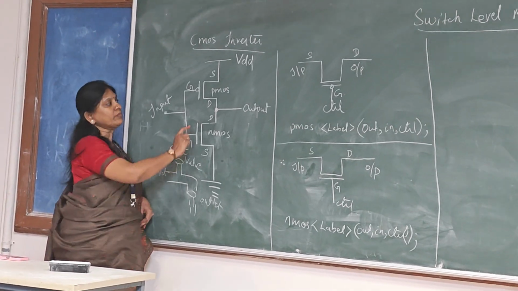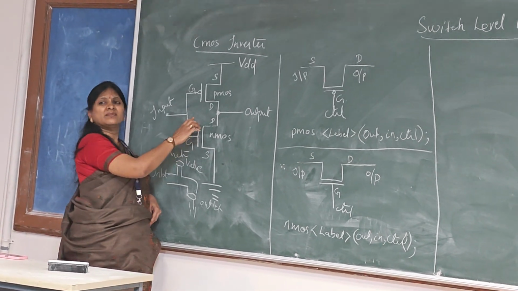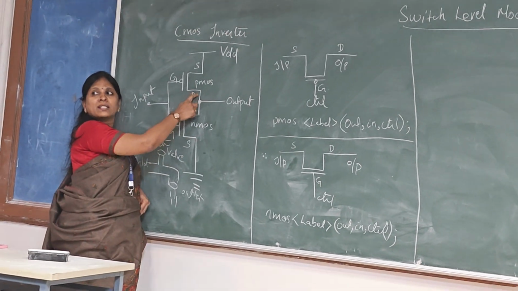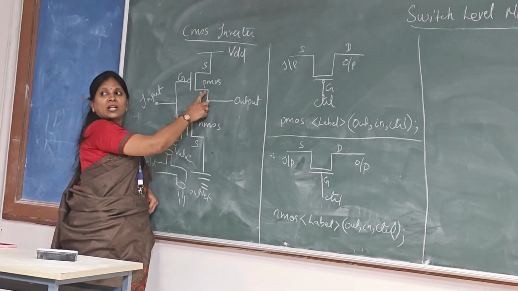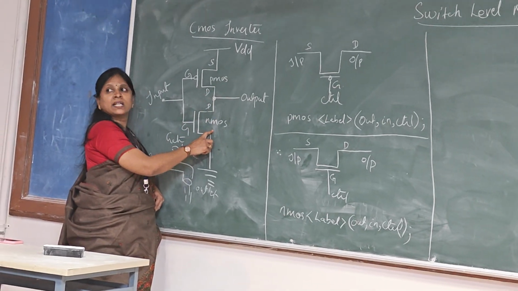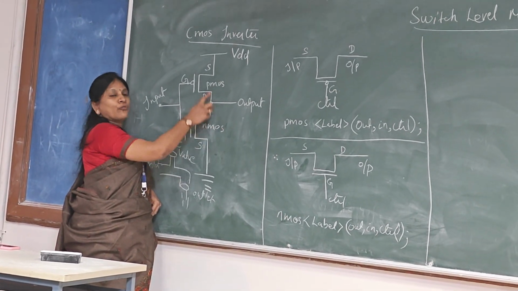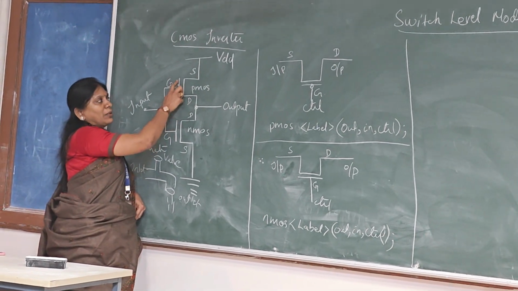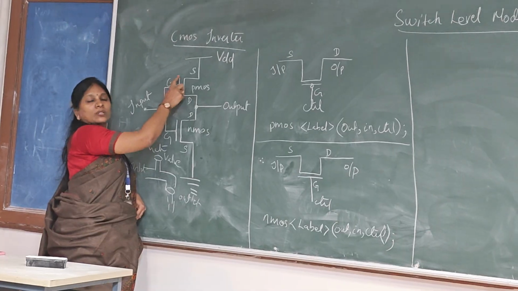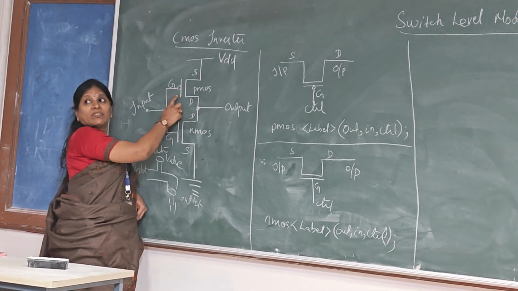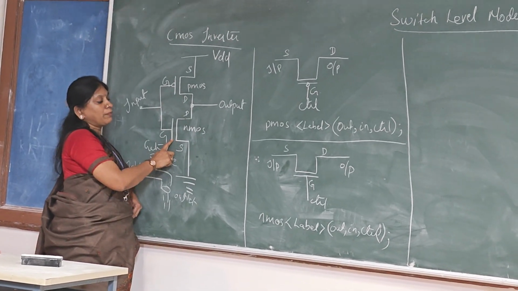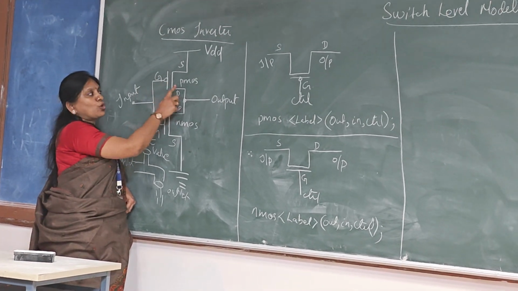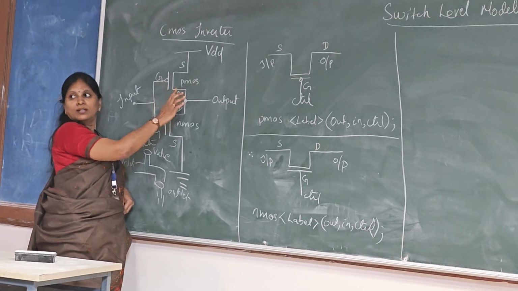So listen, see here. You have PMOS and NMOS. What is PMOS? P-channel MOSFET. NMOS means N-channel MOSFET. For the P-channel, you apply 0 at the gate. The symbol for PMOS has a bubble at the gate. Without the bubble at the gate is NMOS. If you apply 0 to PMOS, then the PMOS is turned on.